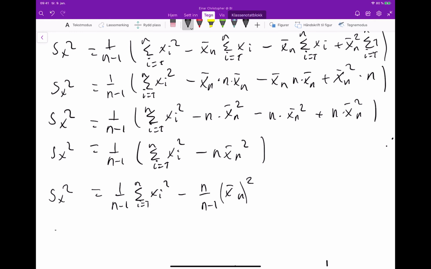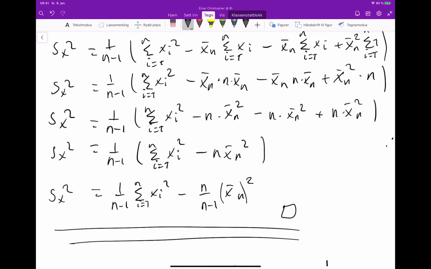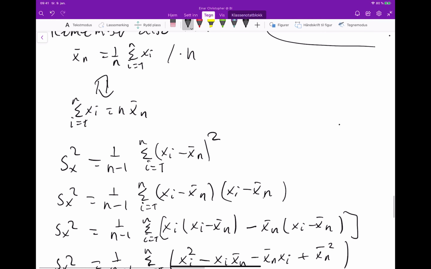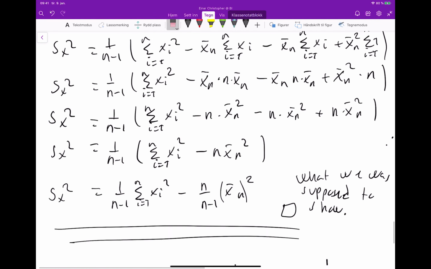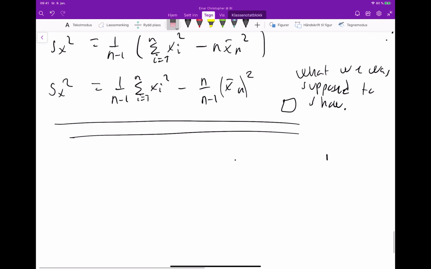So, what we were supposed to show. So what are we doing? We just use what we already know and manipulate this expression to get the new way to write the empirical variance.